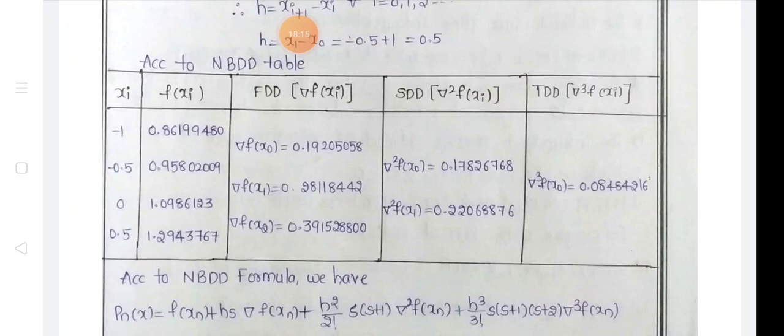0.2206886 minus 0.178266768 divided by 0.5 equals 0.08484216.